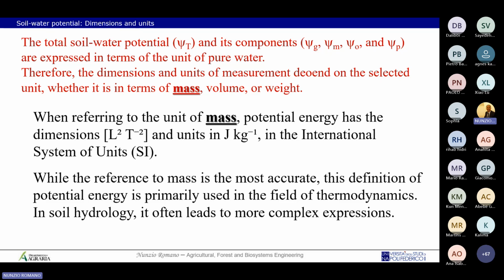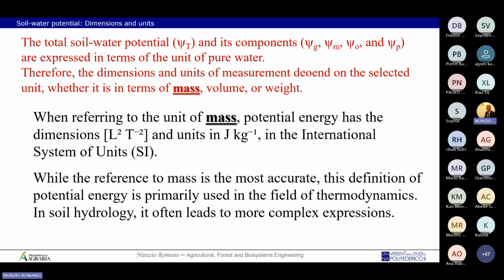I remind you that the potential energy is a work, and in the international system of units, work is measured in joule, and mass in kilogram. And so the soil water potential in terms of mass is measured in joule per kilogram.